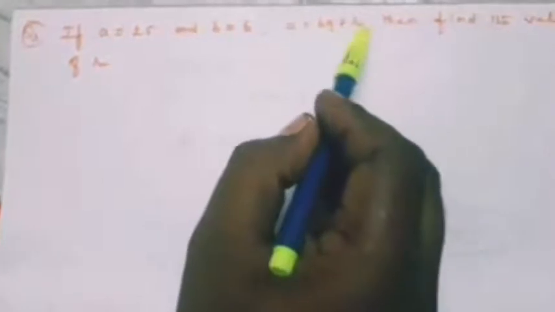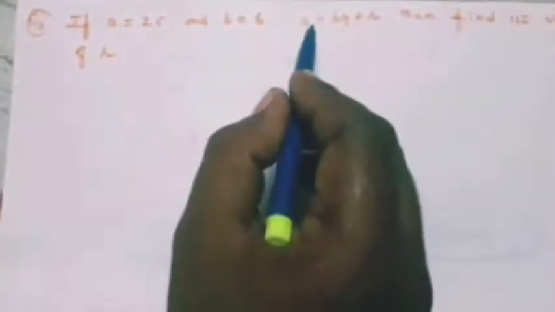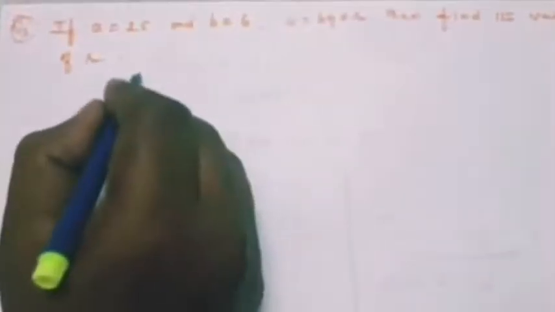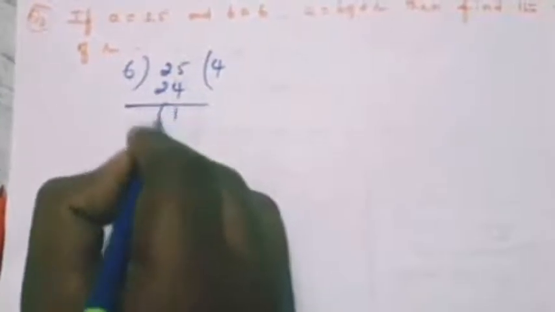Okay children, let us move to the next question. If A equals 25 and B equals 6, given one condition, A equals BQ plus R, then find the value of R. Very simple question. A value is 25, B value is 6. So these two positive integers are expressed in the form A equals BQ plus R, then find the value of R. So very simple, 25 is divided by 6, 6 fours are 24, remainder is 1.